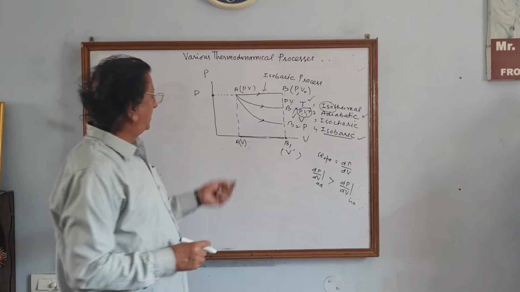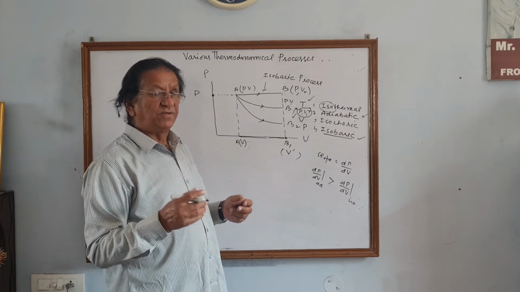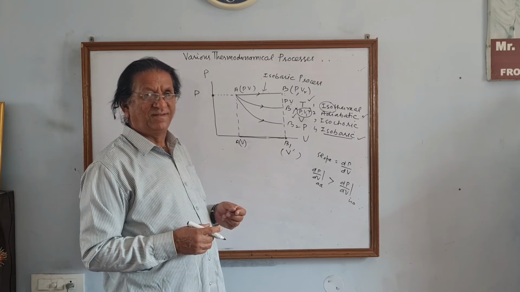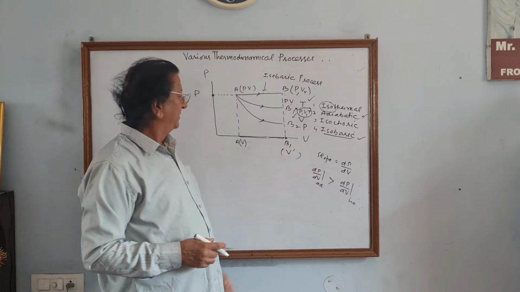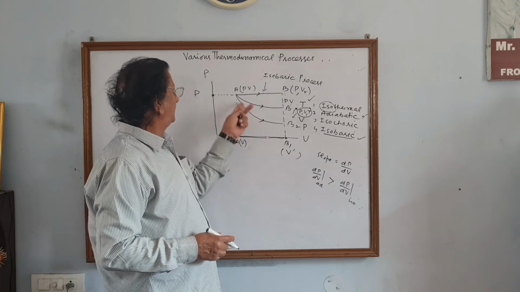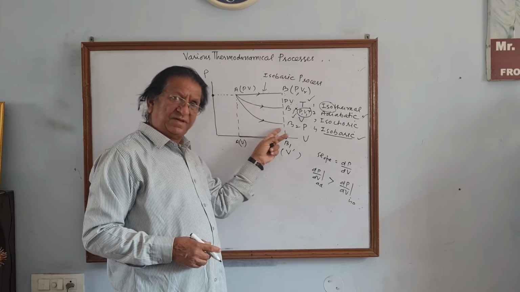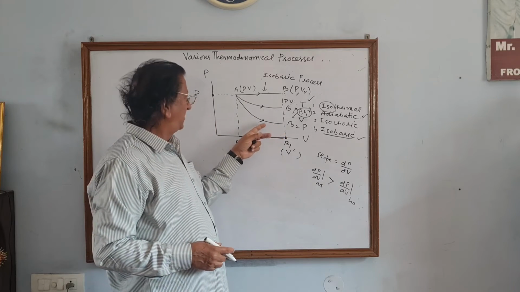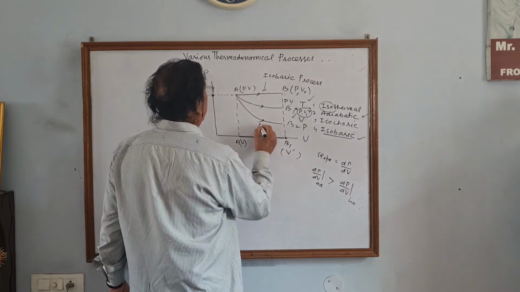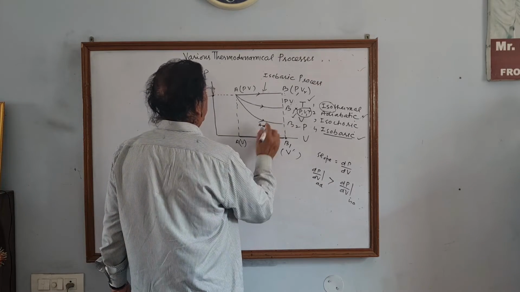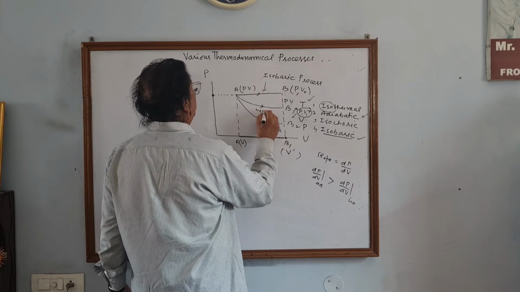Now you have to see out of this and this, in which case the slope is more. B2. Here there is a slow change, here a fast change. The slope of this is greater than the slope of this. Therefore, this will indicate adiabatic, and this will indicate isothermal.